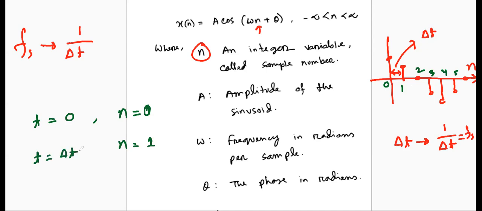Del t. When n is equal to 2, then t is equal to twice del t. So you can find that we made a relation between t and n: t equals n into del t. It can be represented, isn't it?